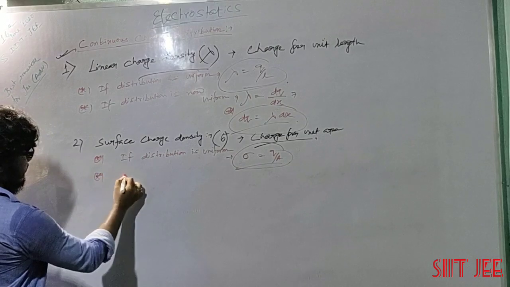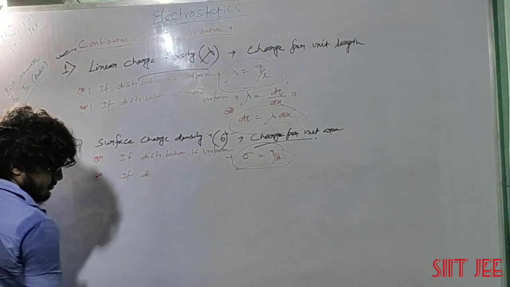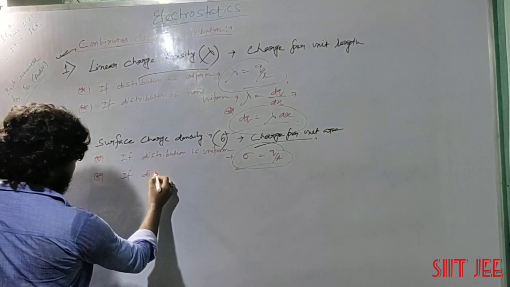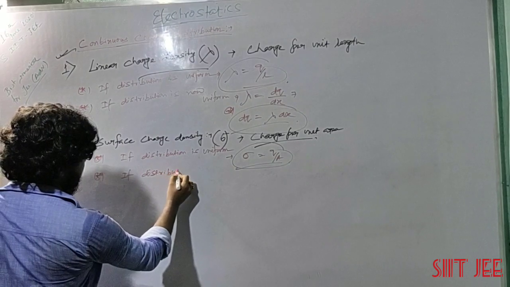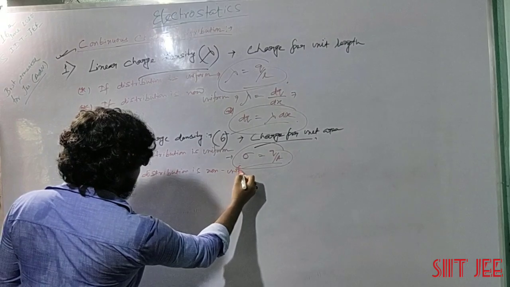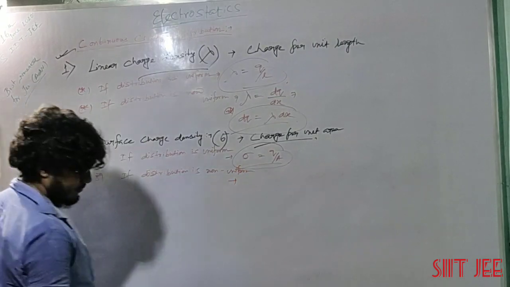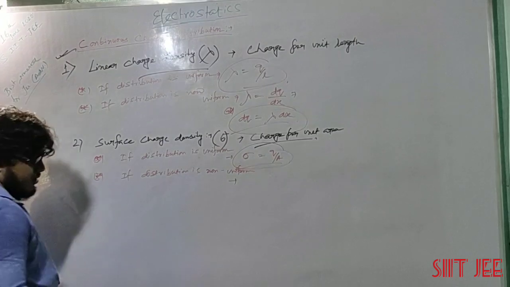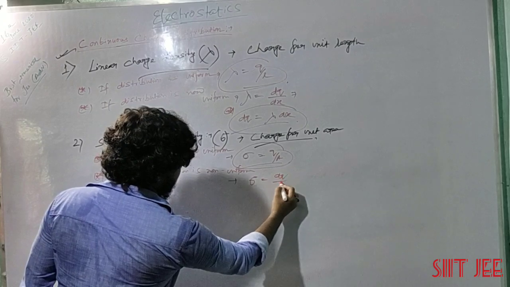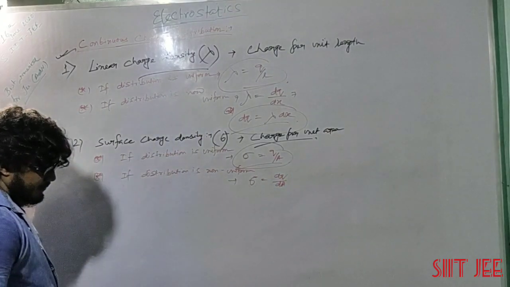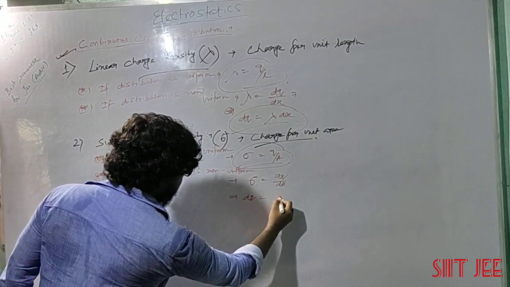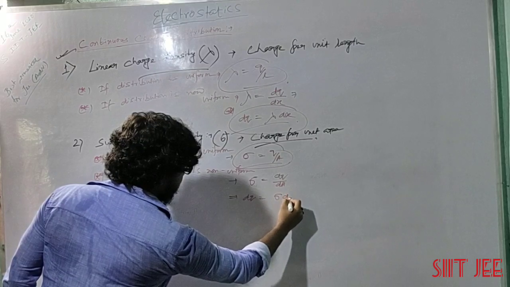And if the distribution is non-uniform, sigma is equal to dq by dA, so dq is equal to sigma into dA.